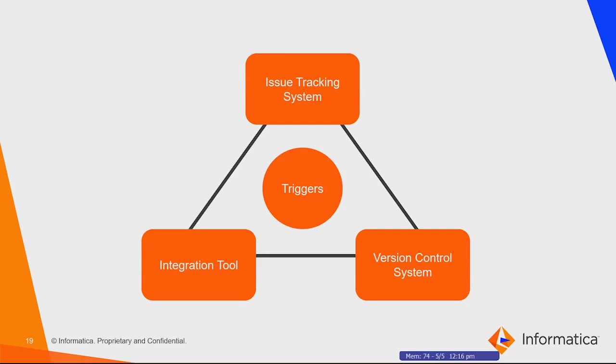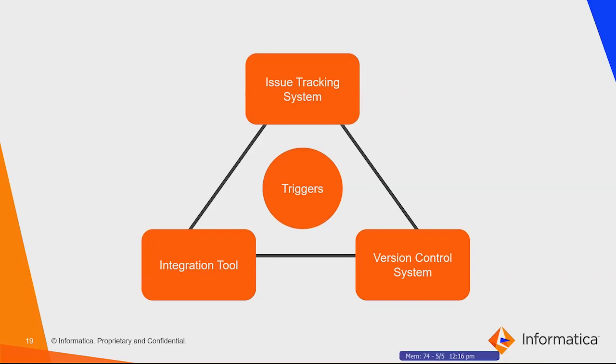The second component is the version control system, which can be added to the model repository service to manage the historical changes to one particular object and keep multiple copies of the same object for a period of time.